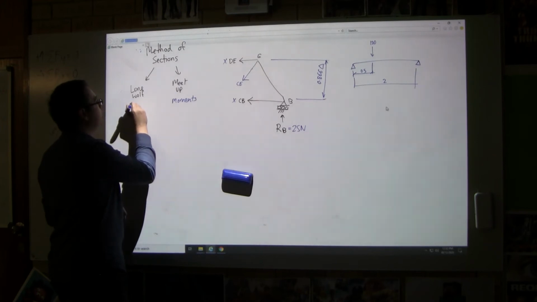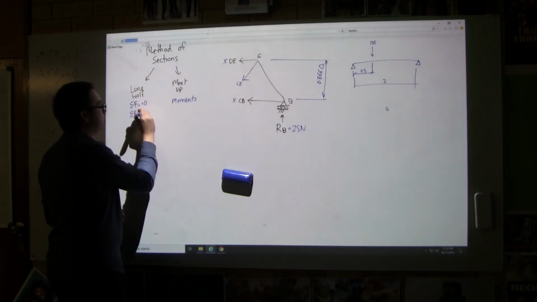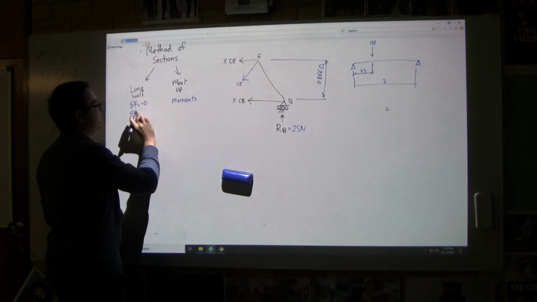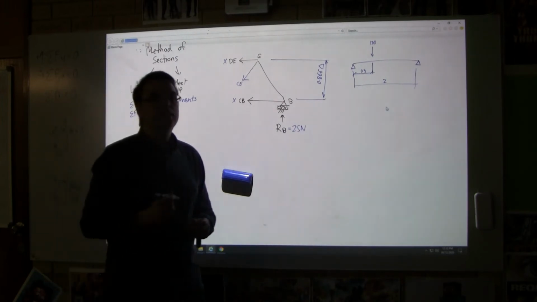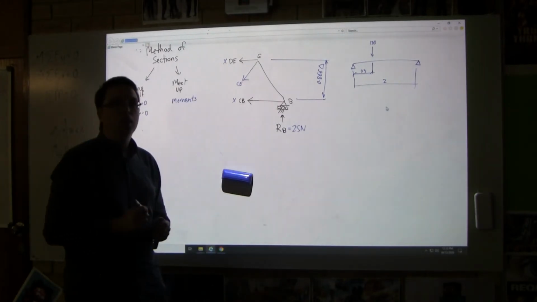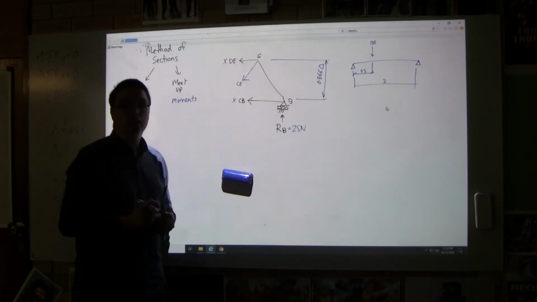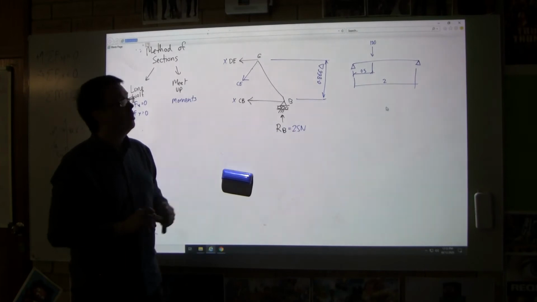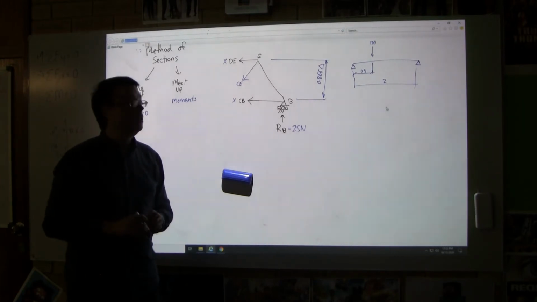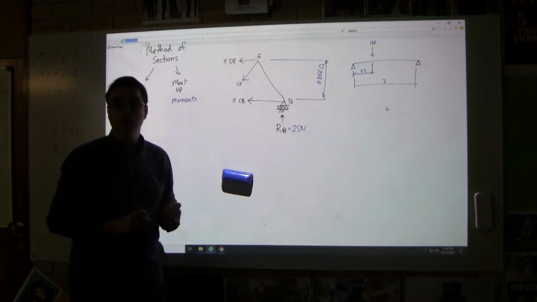But here, instead, we're going to use the sum of the forces vertically, or the forces in the X direction or Y direction, which is probably the better way of saying that. CE is special. CE can do something that the other two can't. These two can only travel horizontally.